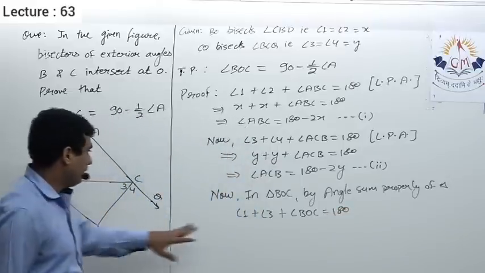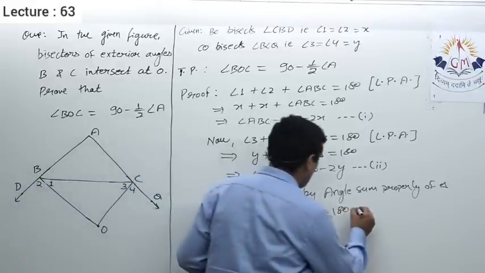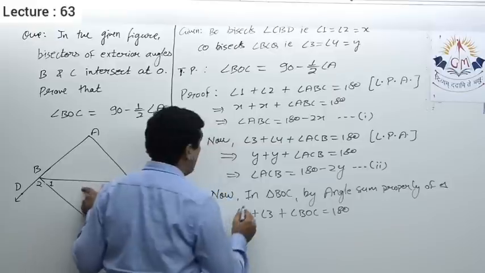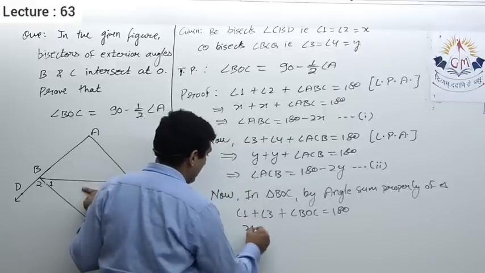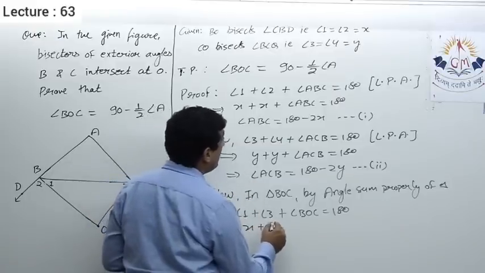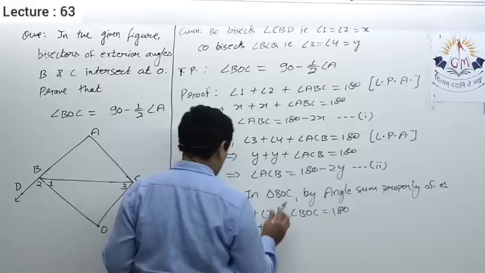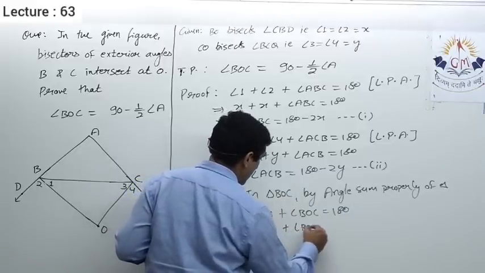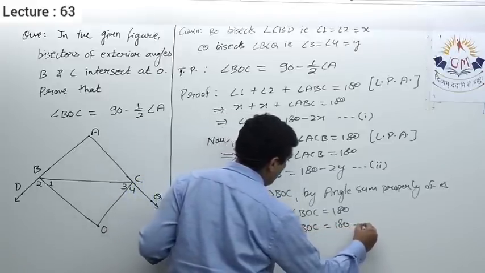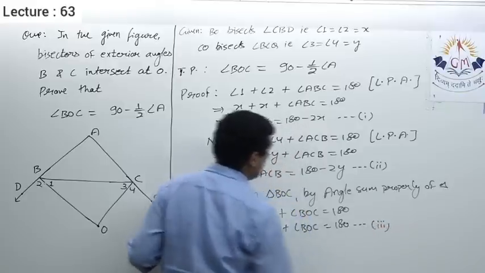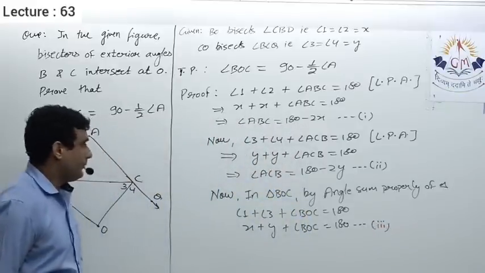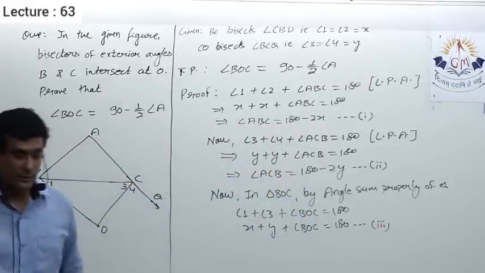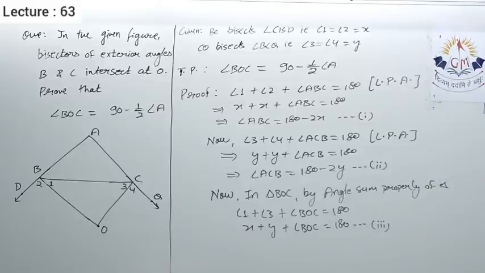However, I don't think I need this, but still I am writing this over here. Now 1 is actually x, and 1 plus 3 is actually y, plus angle BOC is equal to 180 degree. Let this be equation number 3. So please note it down, then we'll see its remaining solution.